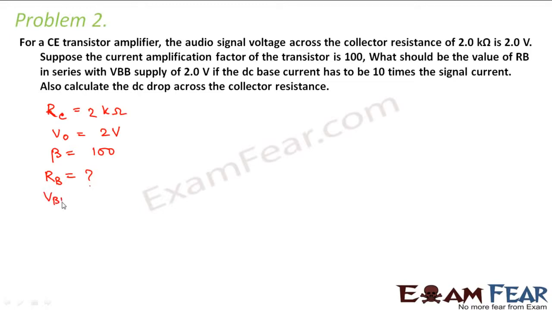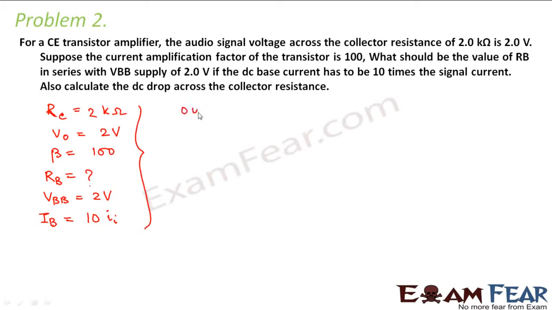So now here we have been given the value of VBB. If the DC base current has to be 10 times the signal current, that means the DC base current is equal to 10 times the signal current. Let me denote the signal current as I input. Right? So these are the values which are given.